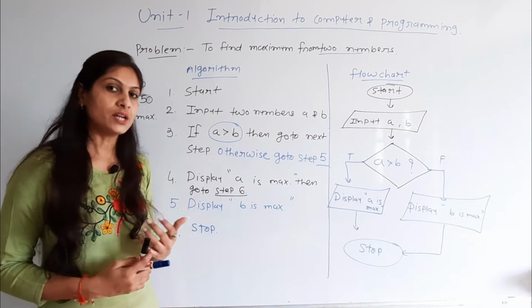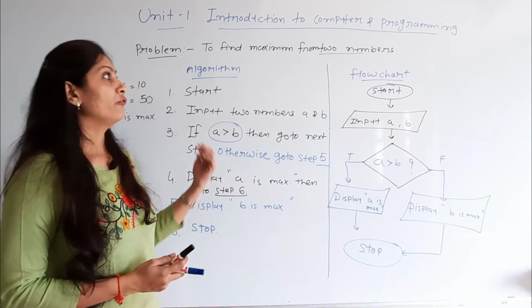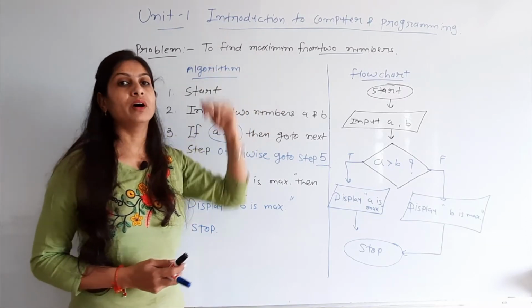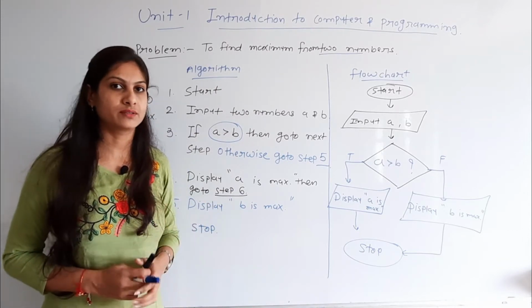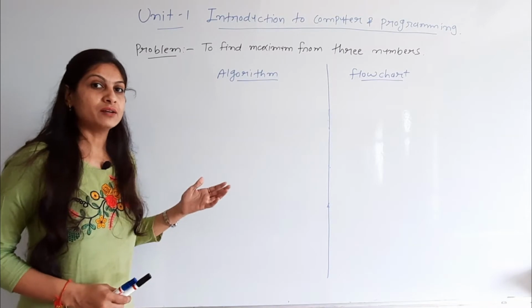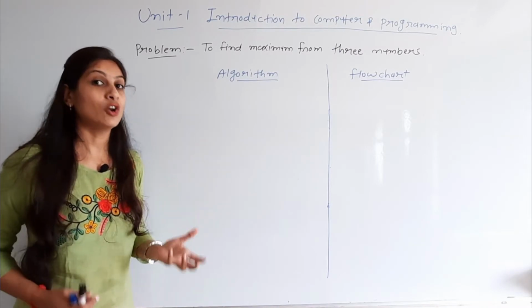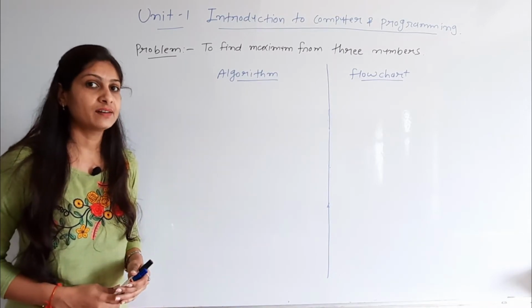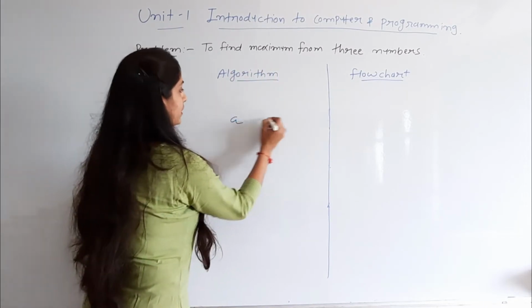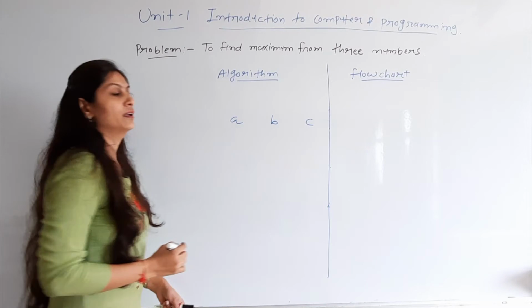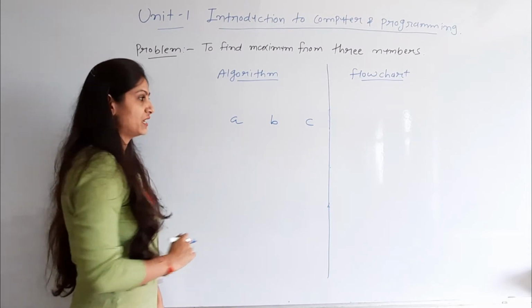Now we continue with the same category, but instead of two numbers, now we change to finding maximum from three numbers. Now for three numbers, first we have to decide our logic, how we can write the algorithm. For that first input is three numbers A, B and C. Three values we have to check.